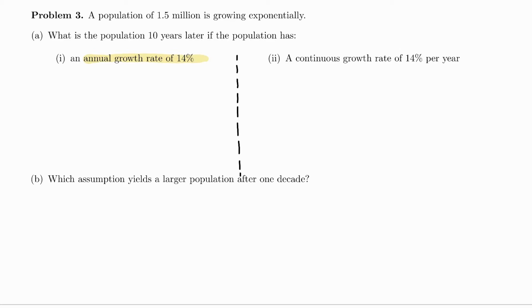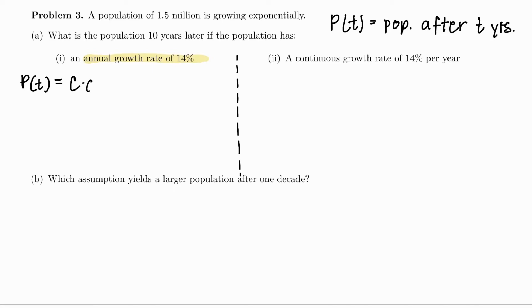If we use P of t to be the population after t years, the equation that we'll use for part 1 is P of t equals c times a to the t.